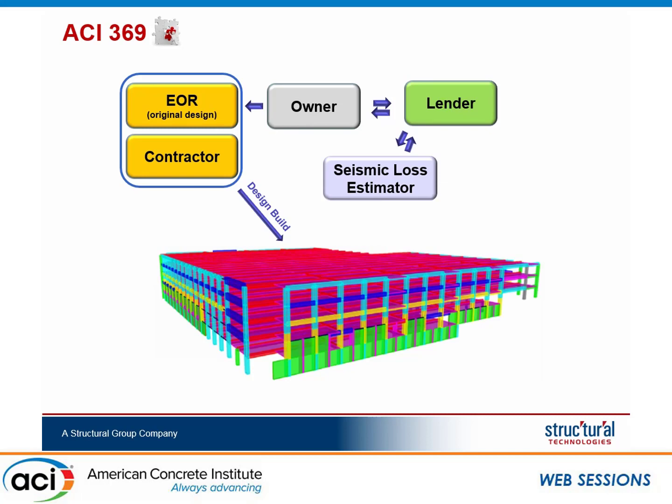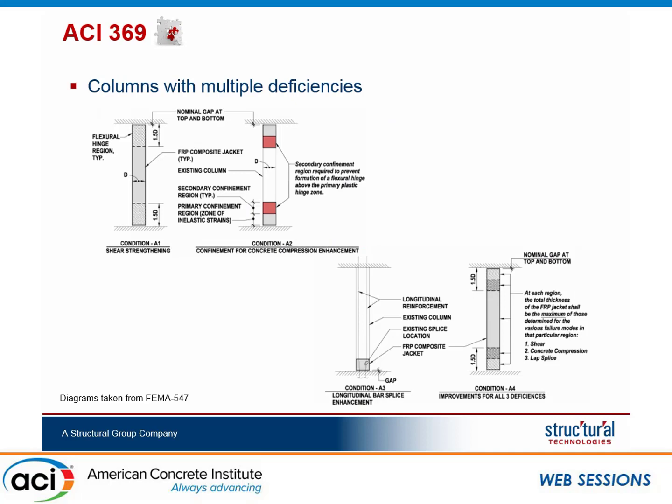I mentioned that we had a couple of tricks. One of them was taking advantage of backbone curves, so we went back and modeled the hinges using these backbone curves based on experimental study. A couple of things that helped us be competitive were what we know about FRP design that wasn't being taken advantage of.